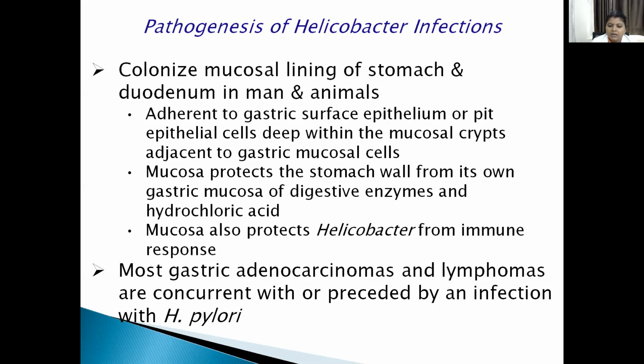In developing countries, almost 20 to 60% of the population is infected with Helicobacter pylori, whereas with changing lifestyles of children in developed countries, this prevalence has been reduced nowadays. Okay, this is about the pathogenesis of Helicobacter infection.